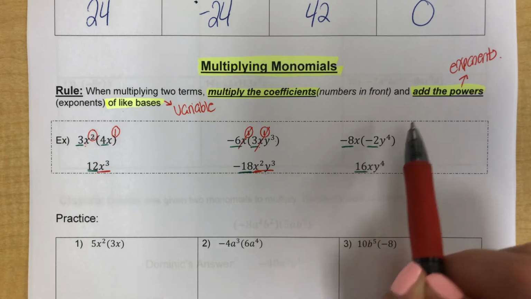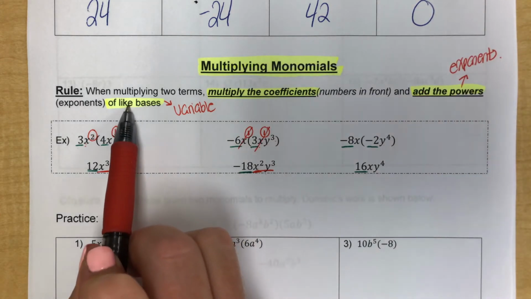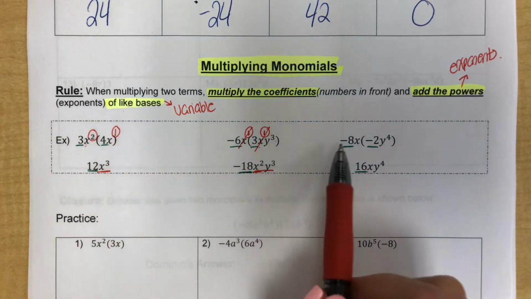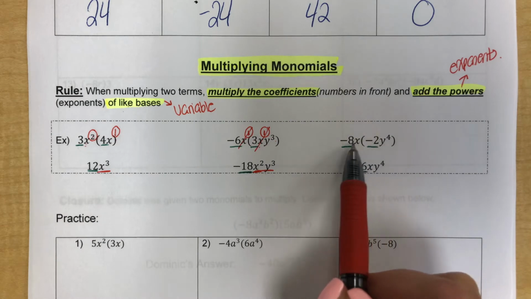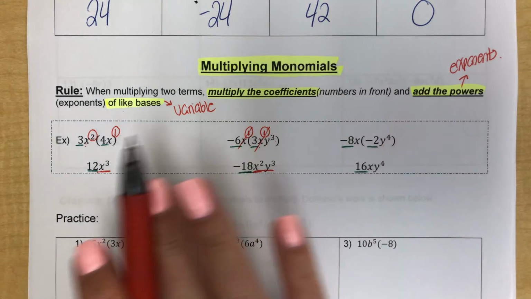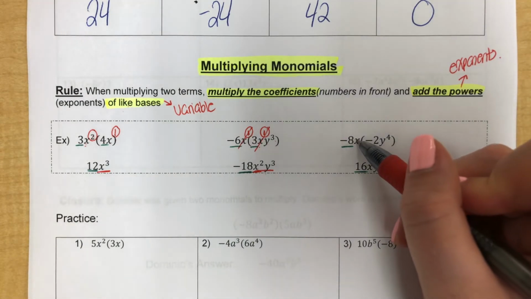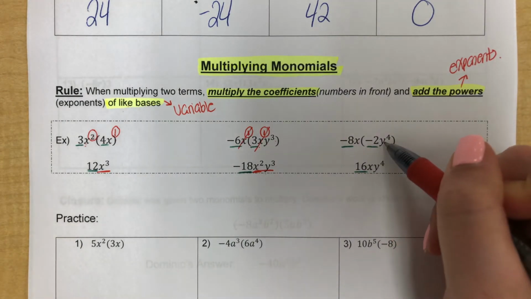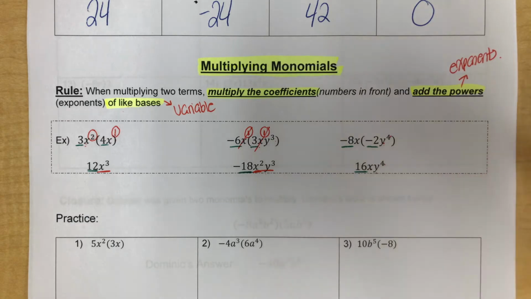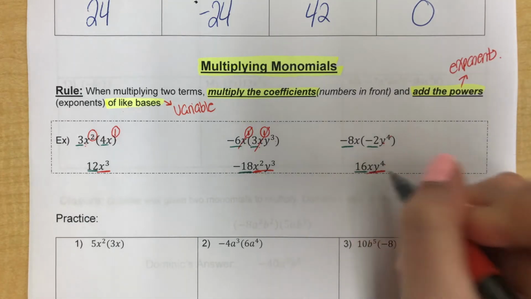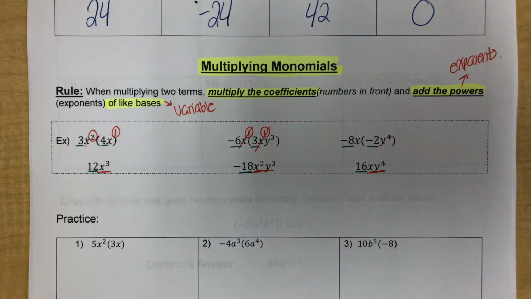I'm only adding exponents of like bases. They have to have the same variable, and these guys don't. So I don't combine them, boys and girls. You just bring it down. So this is going to be just the variable x, and this is just the variable y to the fourth, and then I'm done. So I just take those to the bottom and call it a day.